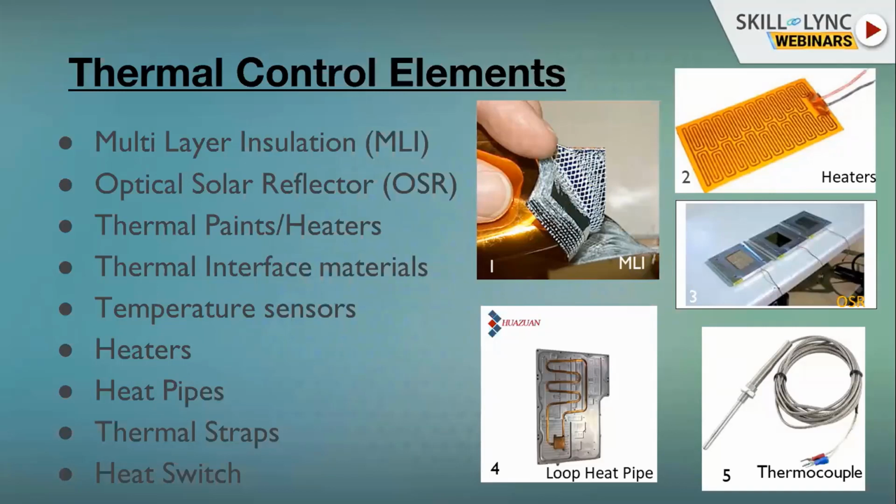Let me tell you, this is a multi-layer insulation which is made of multiple layers of polyamide or polyester thin sheet. If you see this picture, it has Mylar sheets which have vapor deposited aluminium on both sides. Then there is a layer of net made of Dacron.